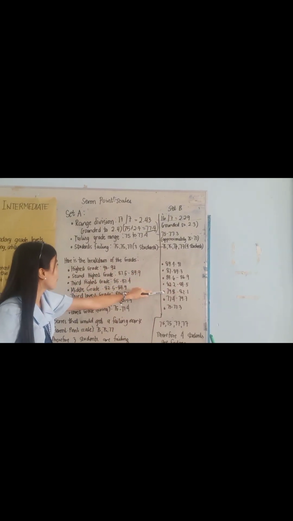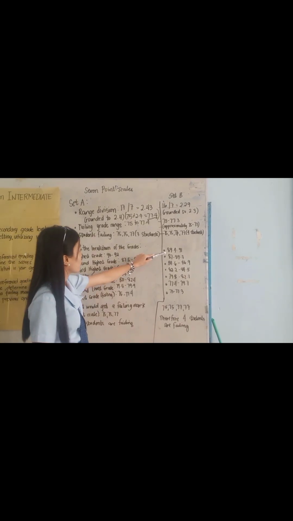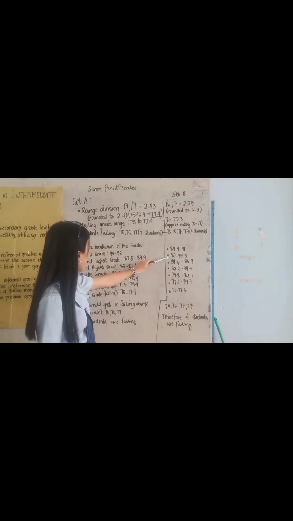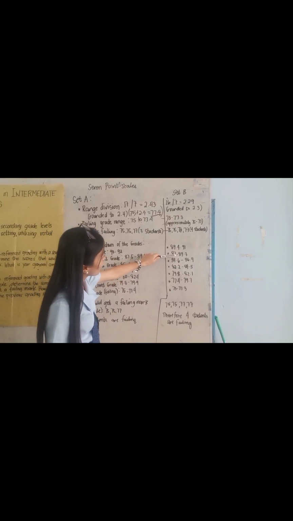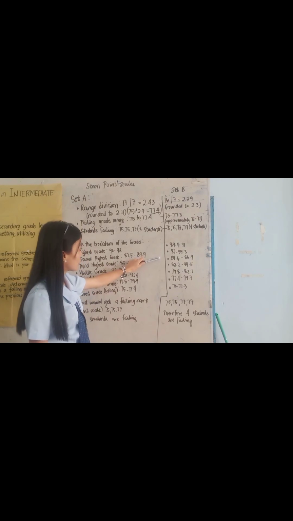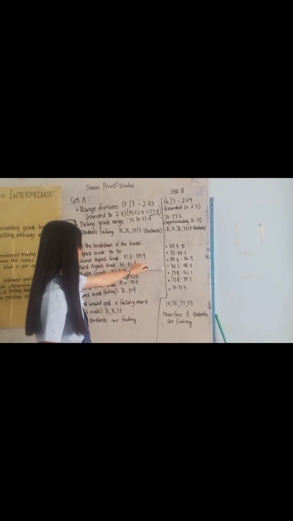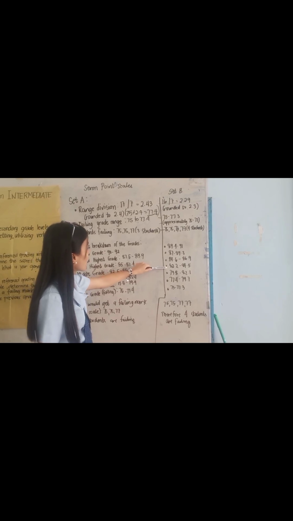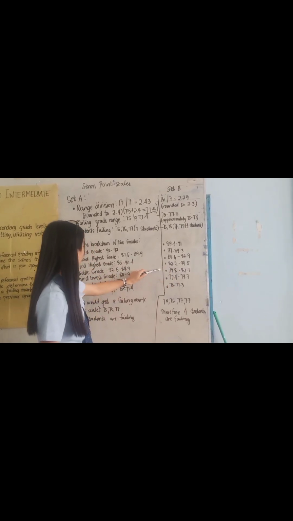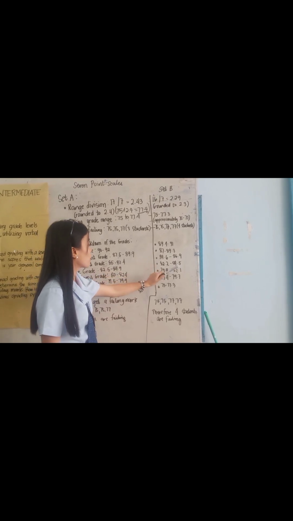So here is the breakdown of the grades. The highest grade is 89.4 to 91. Then the second highest grade is 87 to 89.3. Then the third highest grade is 84.6 to 86.9. Then the middle grade is 82.2 to 84.5. Then the third lowest grade is 79.8 to 82.1.